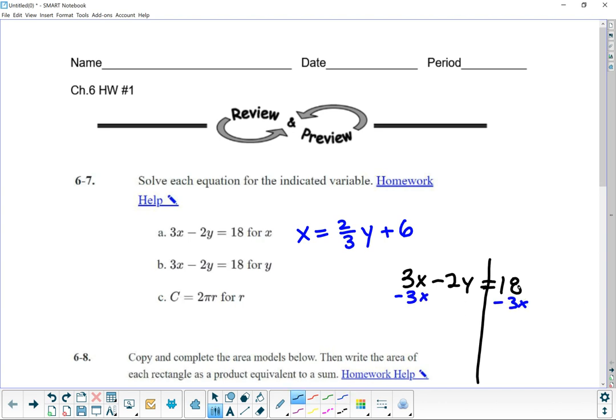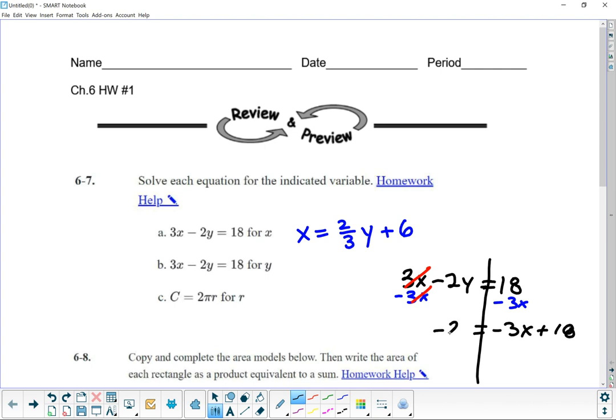Again, I cannot put 18 and 3x together, so the best I can do is write down 18 minus 3x. Or in my case, I'm going to put the 3x in front. Notice that 3x is negative, so I'm going to put down negative 3x plus 18.